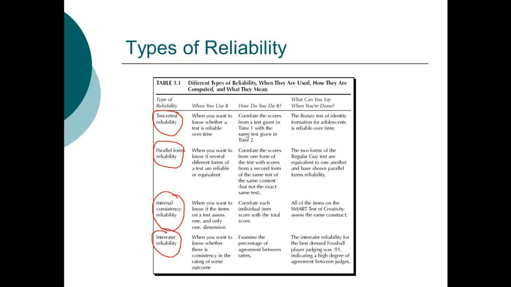Test-retest reliability is where you give the same test two different times, or more than two different times. And then you start seeing if the scores are consistent. The big thing here is over time. You've got to keep giving this thing over and over again. I guess the best example would be the COMPASS test.